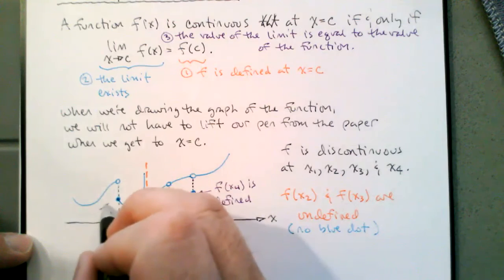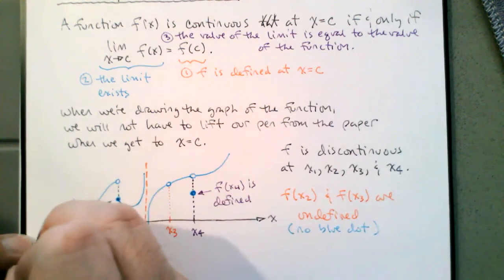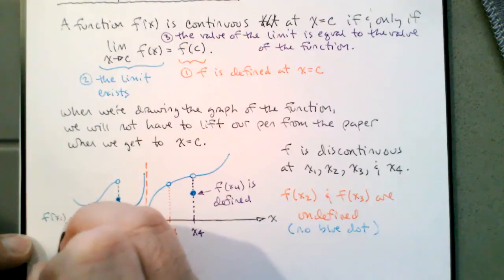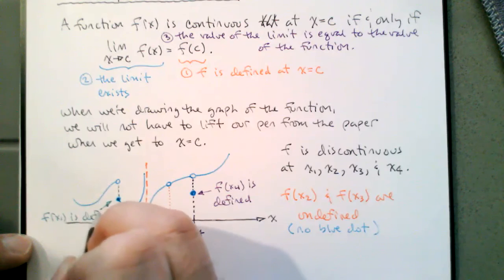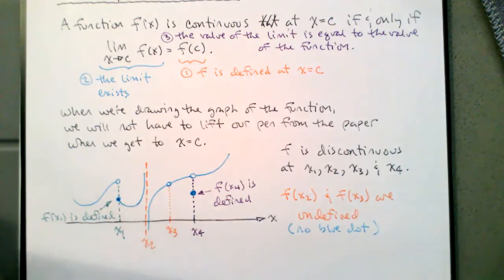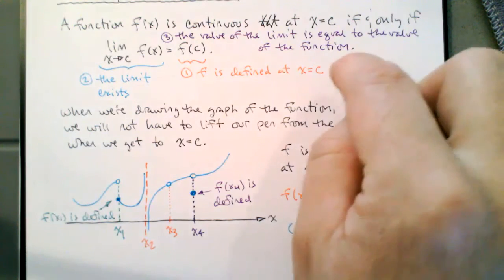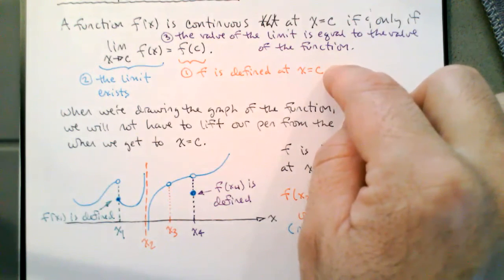Wherever the blue dot is, that's the value of the function. So I've got this part of the definition of continuity.